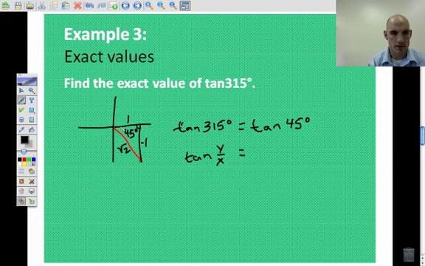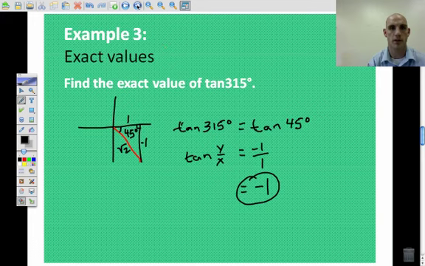So remember, this is theta here. Okay? And so it's going to be y over x. It's going to give us -1, which makes sense because we're in the fourth quadrant. So this is my answer. I didn't use a calculator. I didn't need to do anything else with 315. As soon as I found the reference angle, I was good to go as far as making that transition into saying what it was. Okay?